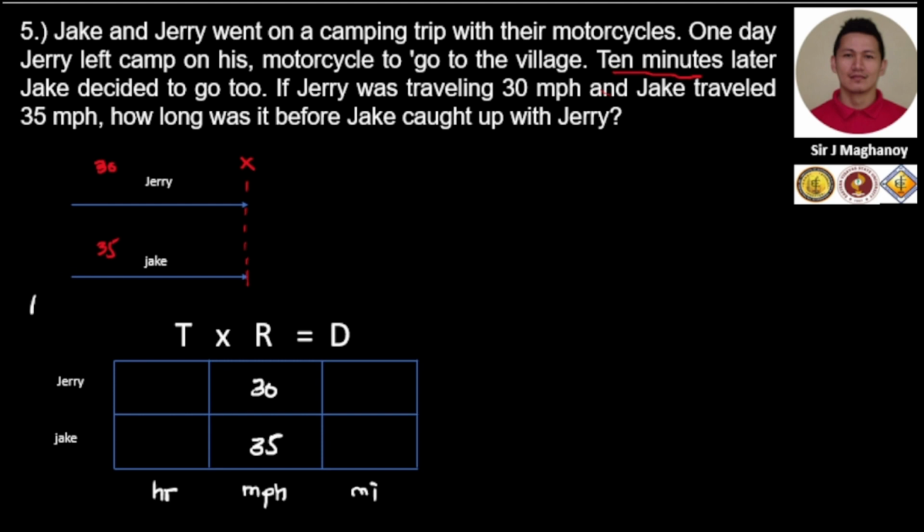Since we let x be the time when Jake catches up with Jerry, 10 minutes later, Jake followed. So it means that Jerry should have consumed the 10 minutes because he's ahead.